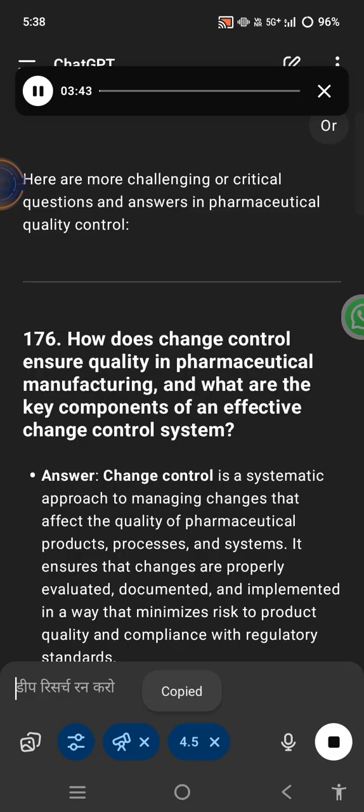Increased efficiency and cost savings. PAT enables continuous monitoring and optimization of processes, which can reduce waste, lower production costs, and shorten development timelines. It also minimizes the risk of batch failure, leading to fewer recalls or product issues.